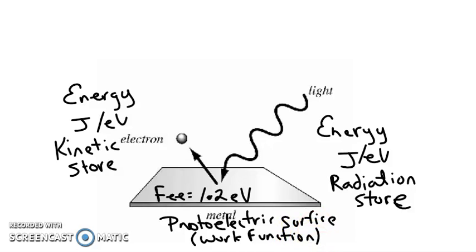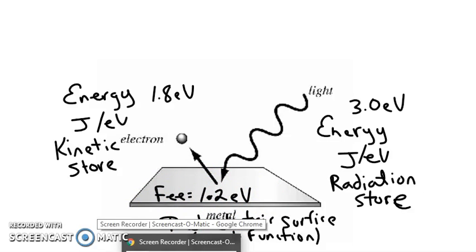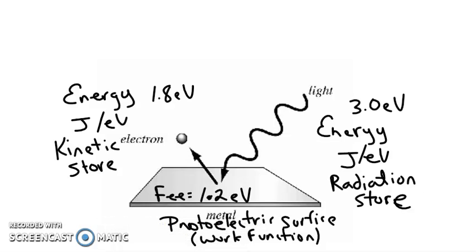So if we had 3 electron volts going in, the fee of 1.2 electron volts means the outgoing electron will have 1.8 electron volts of energy. The 1.2 electron volts is still there. It still totals 3 in, 3 out, except the bank has taken their fee.